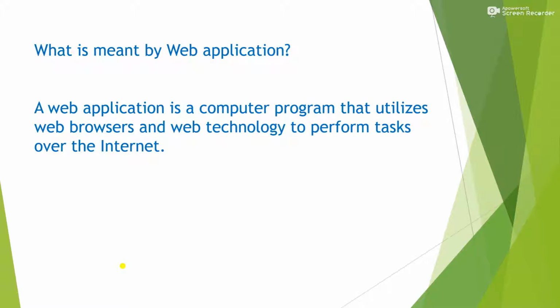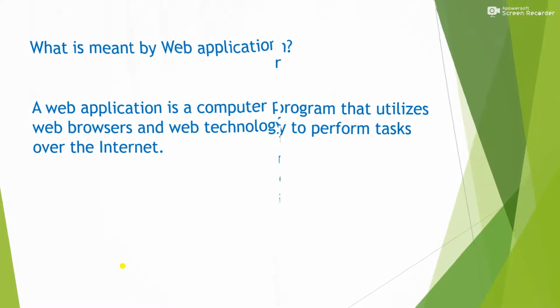Web browser means, as I already told, Google Chrome, Mozilla Firefox, Opera, Internet Explorer, these are all web browsers, and web technology to perform tasks over the internet. Means with the help of the internet, okay? Because without internet facility, we cannot share our ideas, views, and opinions. And a web application is the first gate. With the help of this web application, we enter the internet and access internet facilities.